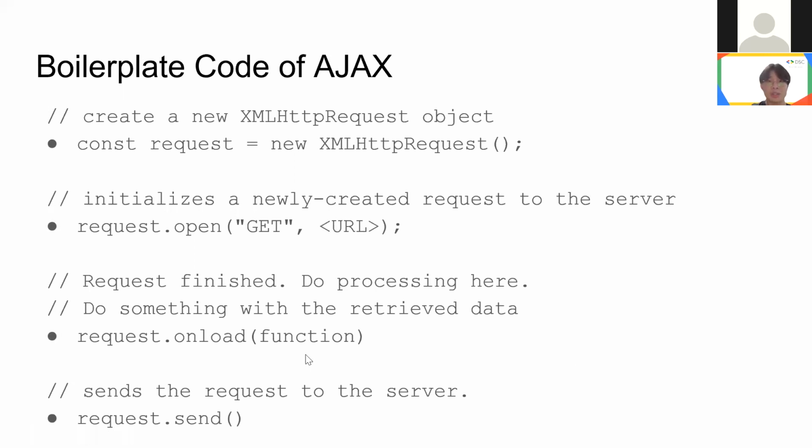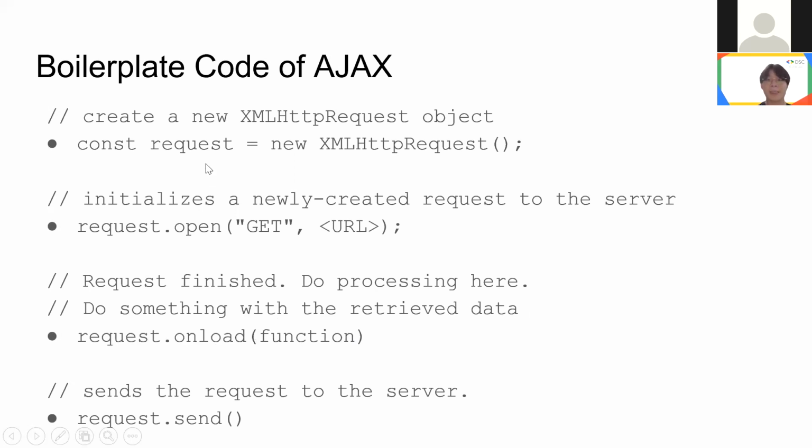Once you call the API, you want to do something with the data that you obtain. You can write this in a function and pass it to request.onload, which is an attribute of request. After that, you send the request to the server.